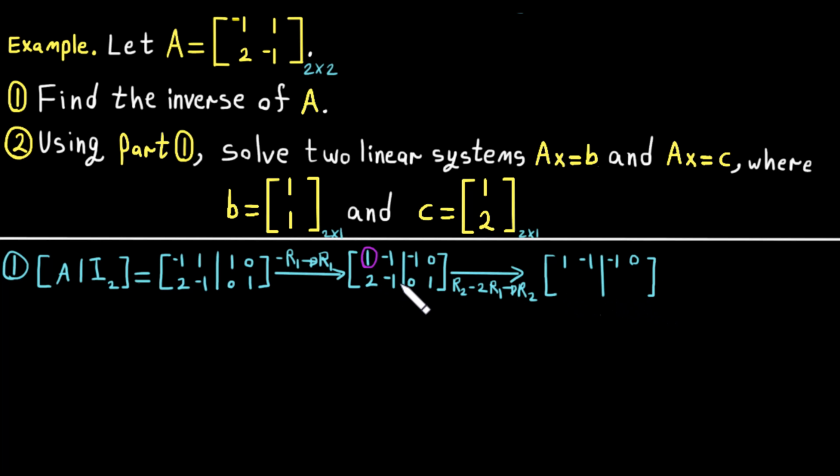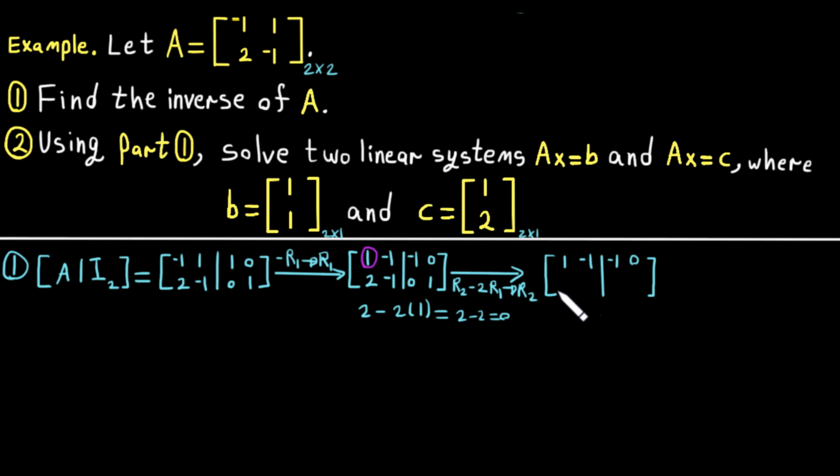Now 2 minus 2 multiplied by row 1, which is here 1, so 2 minus 2 equals 0.